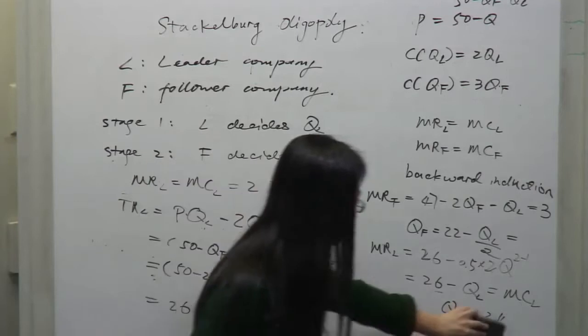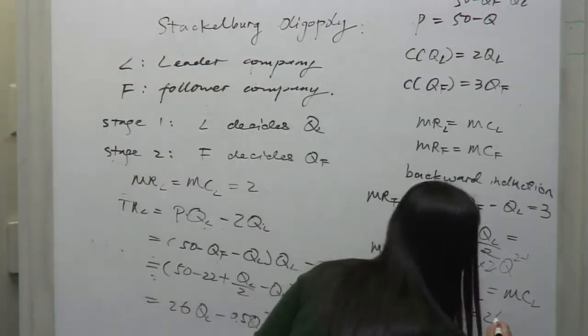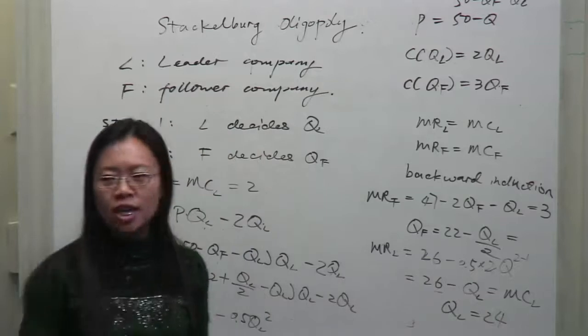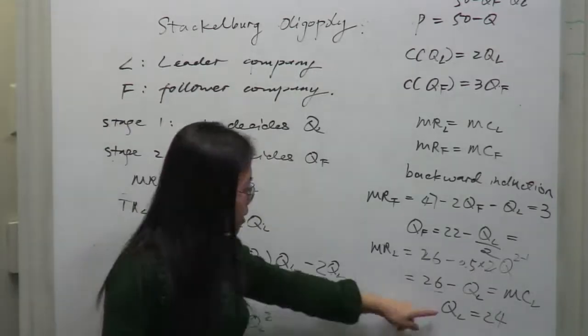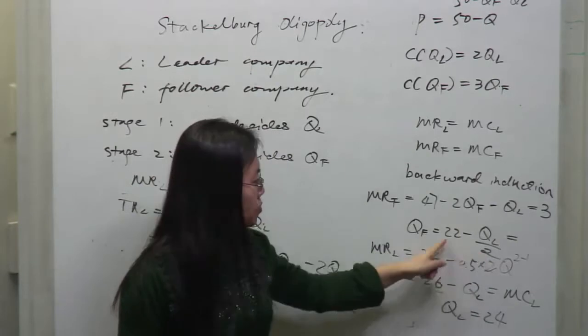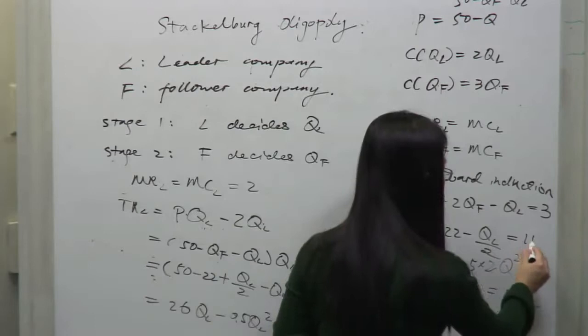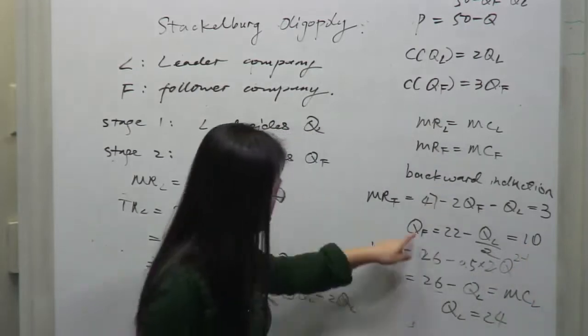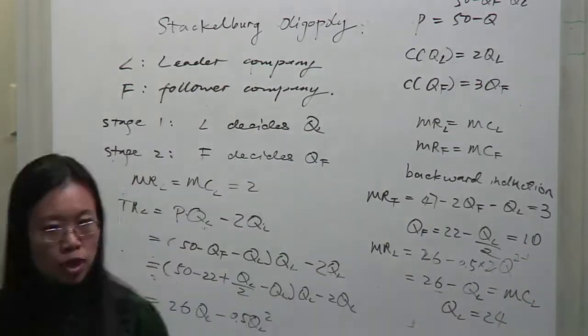I'm sorry, my fault, I know my handwriting sometimes is bad. If you cannot see it, ask me. And this is 24. 24 divided by 2 will be 12, right? So it shows you the leader's output is definitely much bigger than the follower's output.